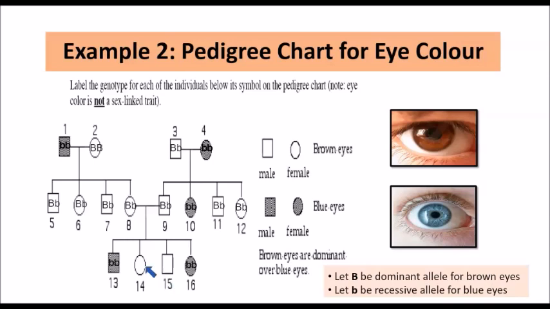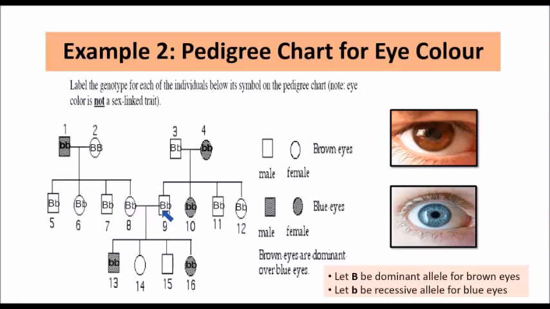So in this case, based on the genotypes of the parents, these brown-eyed children can be either homozygous dominant or heterozygous, because in terms of being homozygous dominant, a child could have inherited both dominant alleles from the parents. So one could have been inherited from the mother and one could have been inherited from the father.